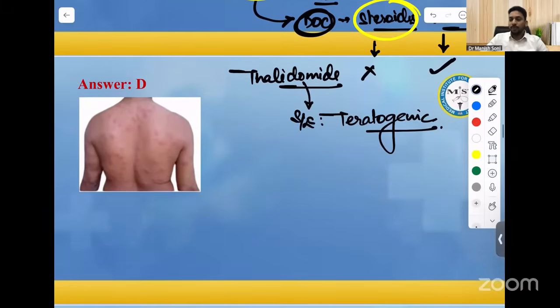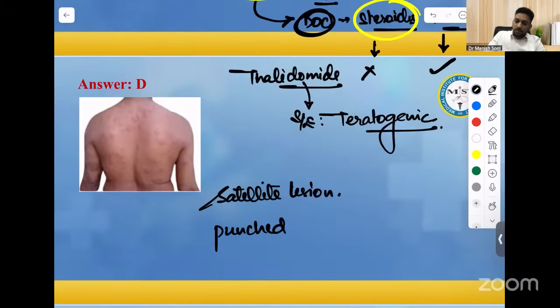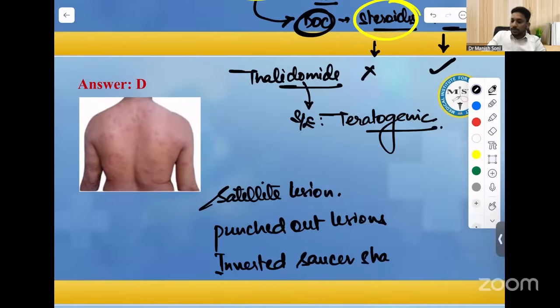Some more important points to remember about leprosy are satellite lesions, punched out lesions, inverted saucer shaped lesions.